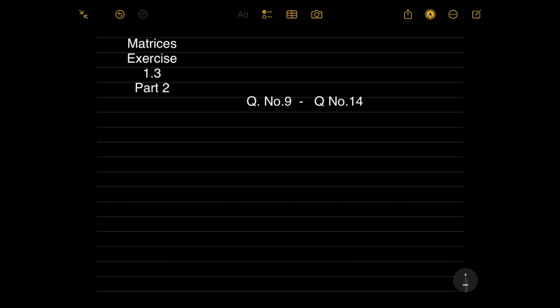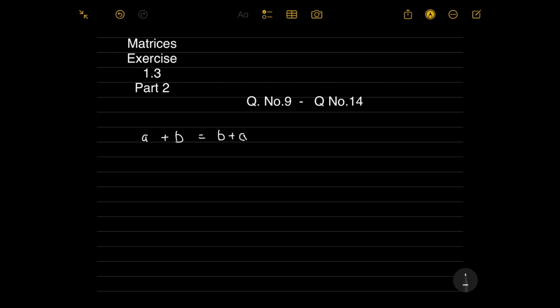The first is the commutative property. If we just talk about real numbers, if we add two numbers, a plus b would be equal to b plus a. It's quite a simple property.